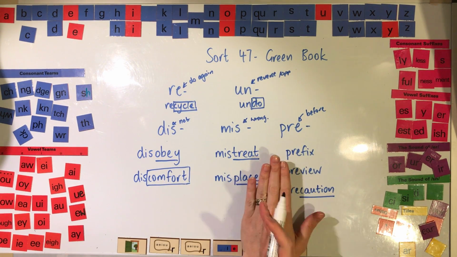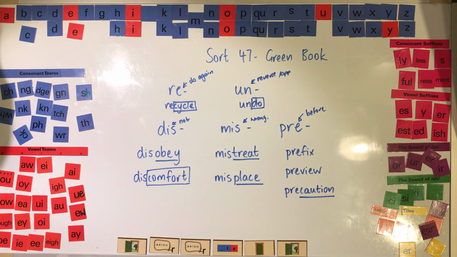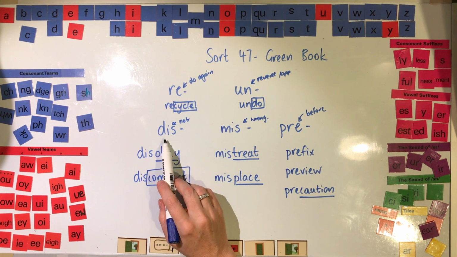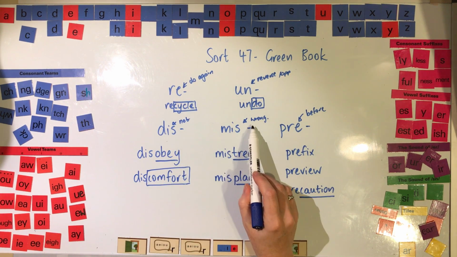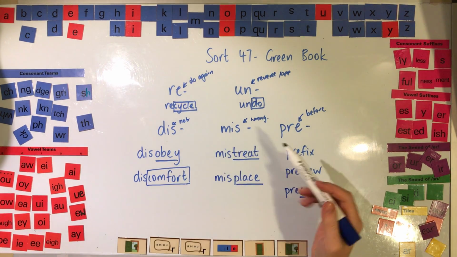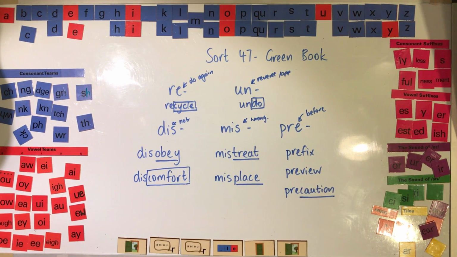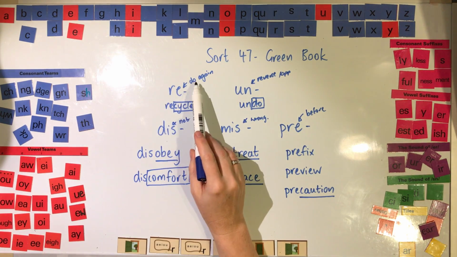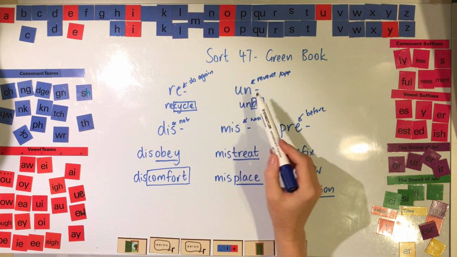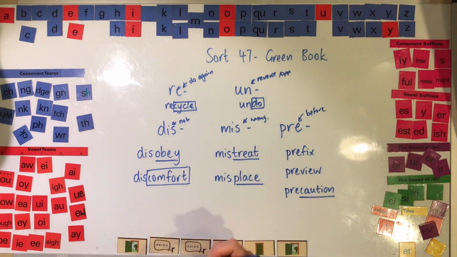Precaution means show caution before. So before the events happened, show caution. It sort of means anticipate the problems and show some caution before the event. Okay, so dis is not, miss is wrong or incorrect, and pre is before. Re is do again, and un is the opposite.